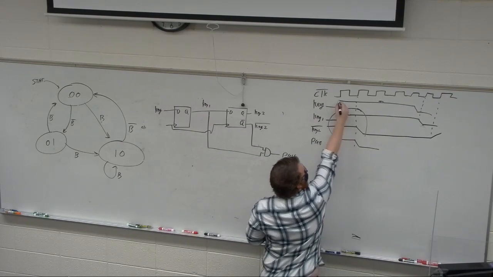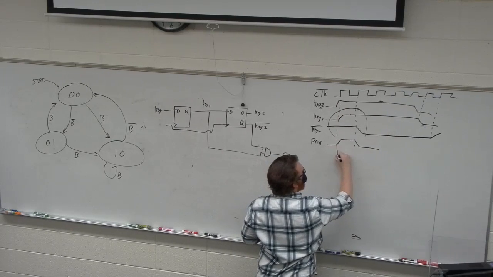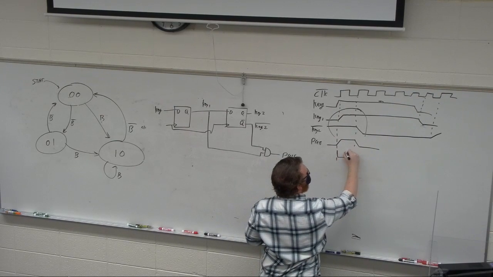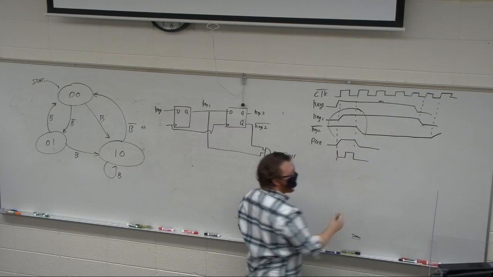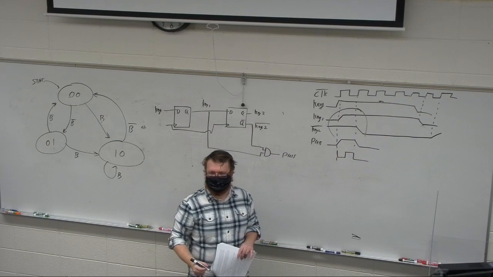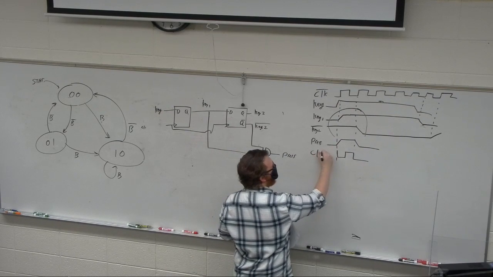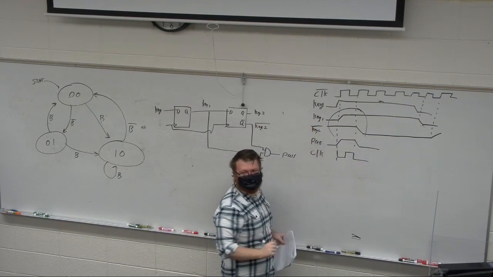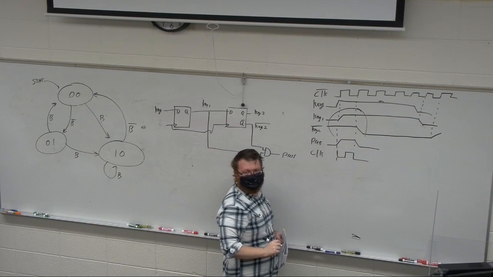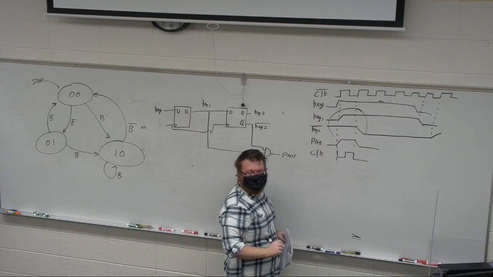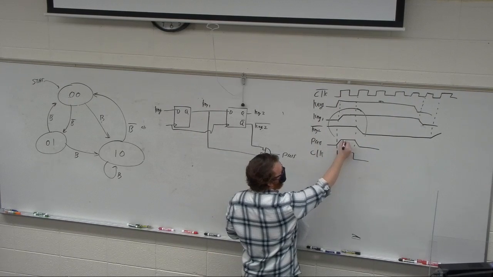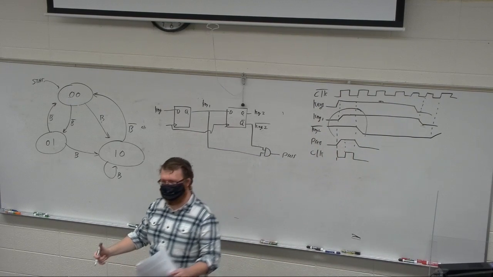Here, clock is a falling edge. Here, clock is a rising edge. There, clock is a falling edge. Right? Because this is clock. That's not clock. So now our rising edge happens right in the middle of that bit, and everything is happy.